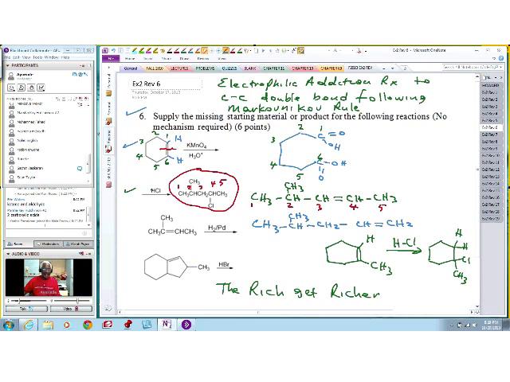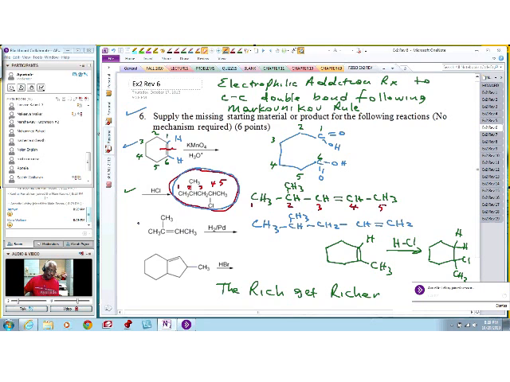In this case, this hydrogen here will come to carbon number 5, and the chlorine will go to carbon number 4, which is the product they want us to explain. Now, if this is clear to all of you, give me a happy face. Okay, very good.